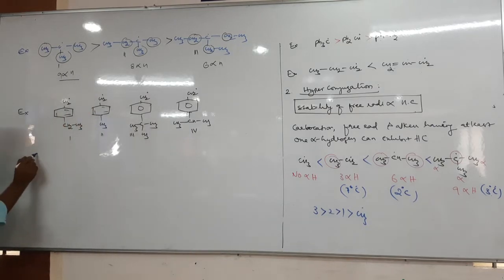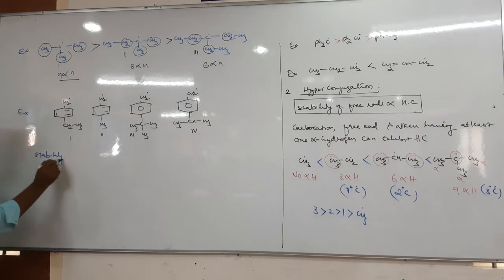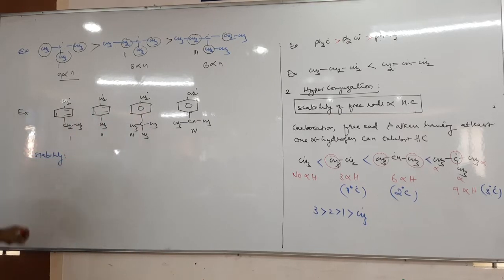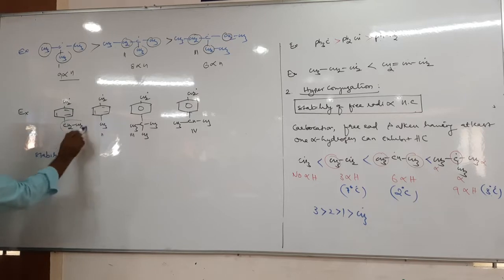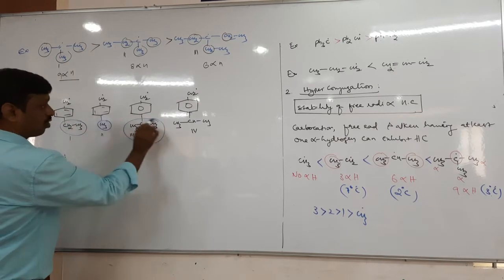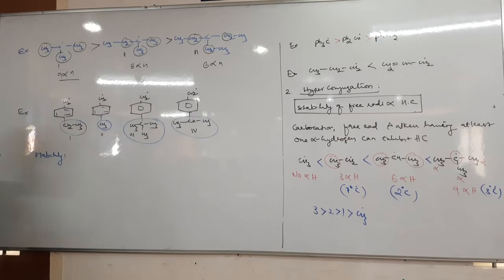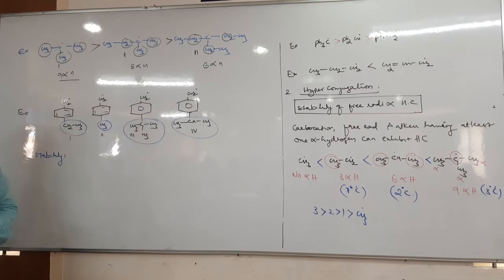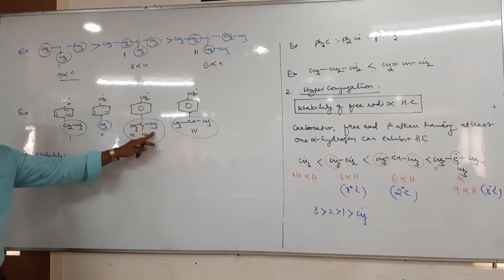What is the order of decreasing stability? All are benzyl free radicals, and these groups are electron releasing. Electron releasing groups make the carbon free radical more stable. Now which is the stronger electron releasing group, methyl or tertiary butyl?